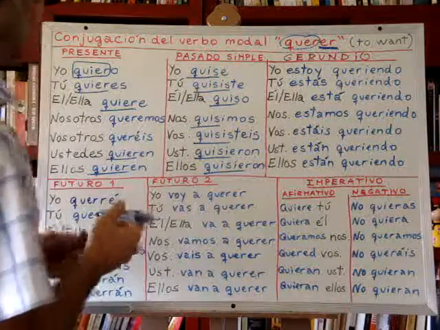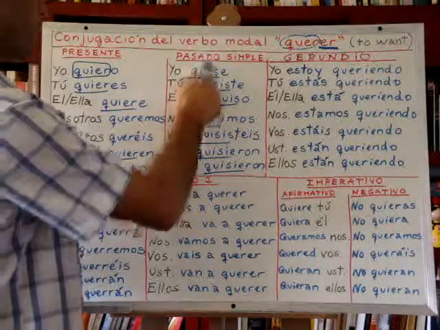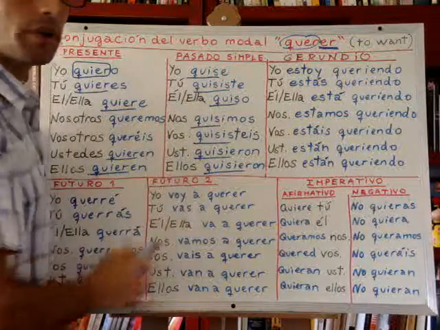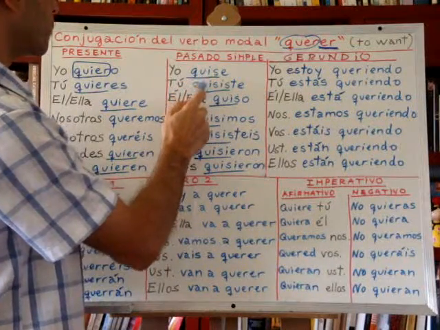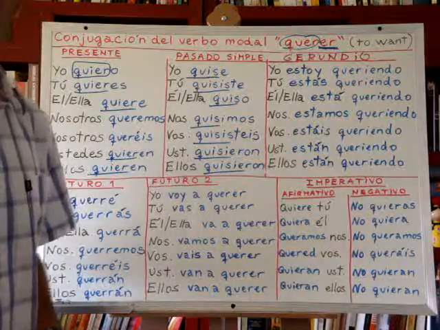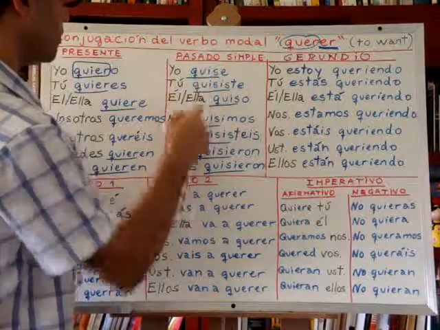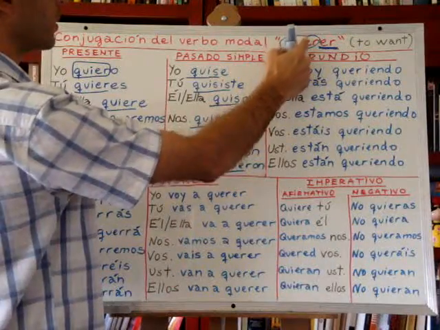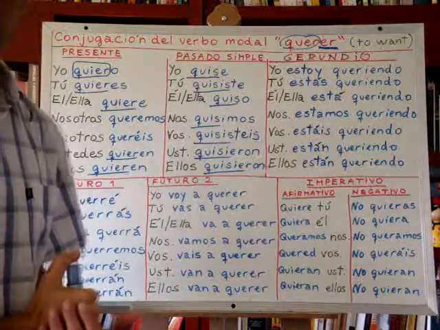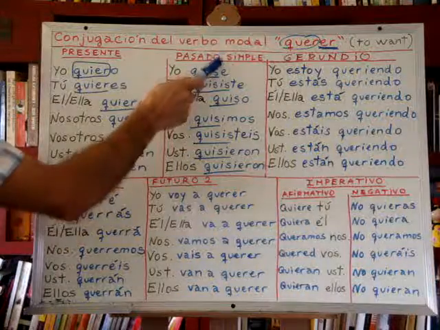You can see that for all the persons, for all the subject pronouns, the root of the verb has been modified. Okay, we can see this letter I appearing here that is not in the root of the verb in infinitive. Okay, so irregular verb.